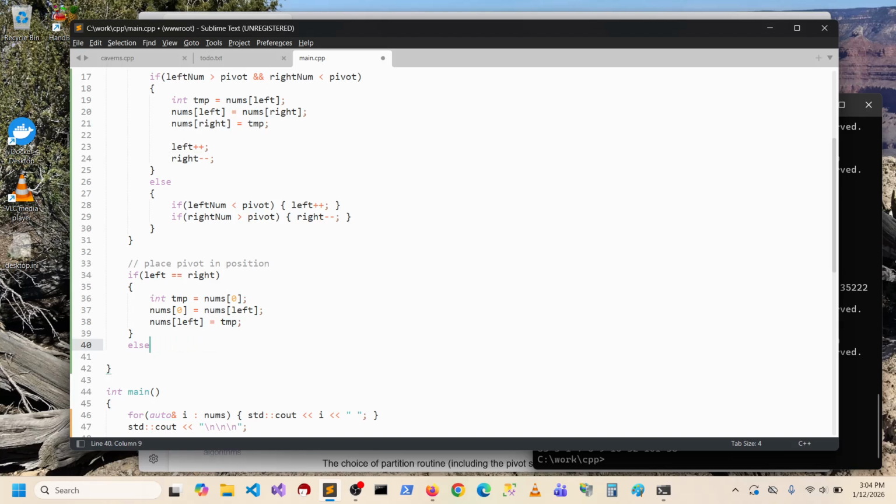So we just need this. I'm going to be specific, just to try it. Left is greater than right. So in this case, we need to actually swap with right. I think. Let's try that.